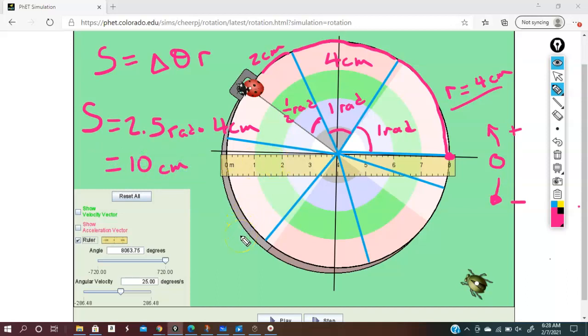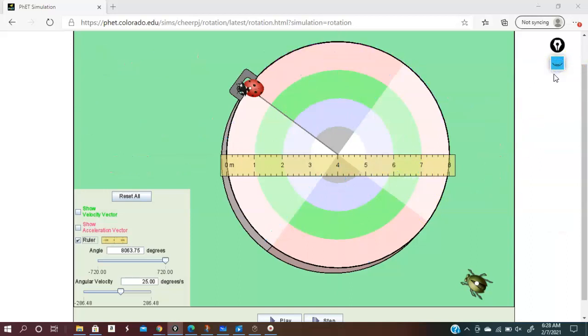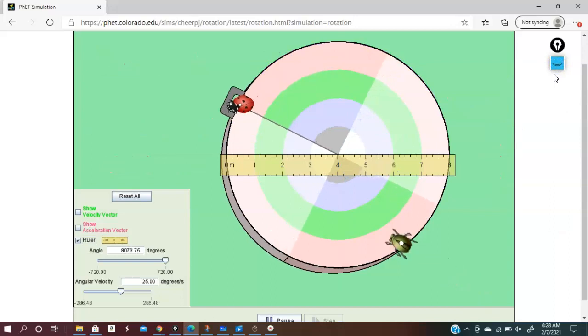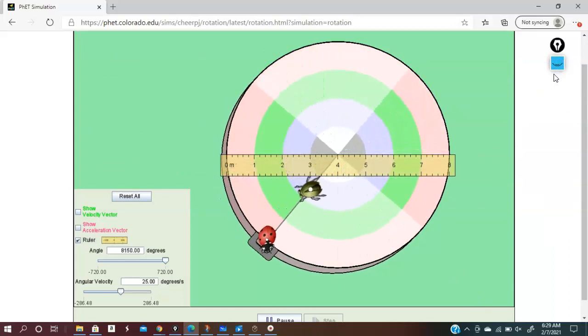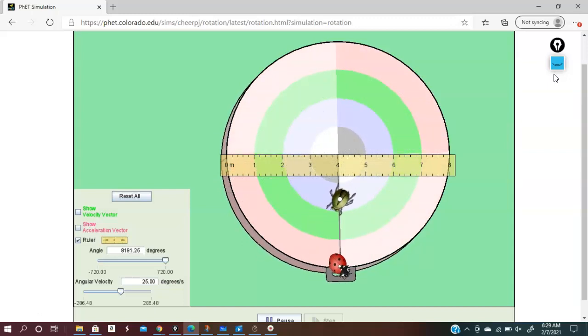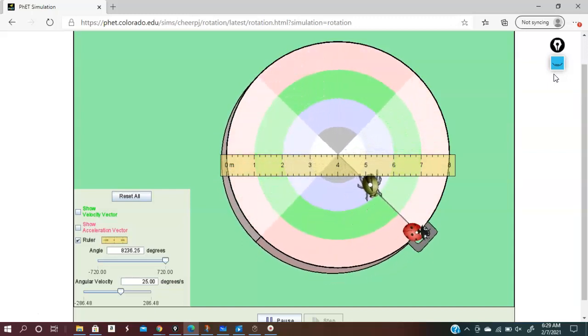One important note to make, and let me close this up here, is that if we have another object on this same disk, you'll notice the radiuses are much different.